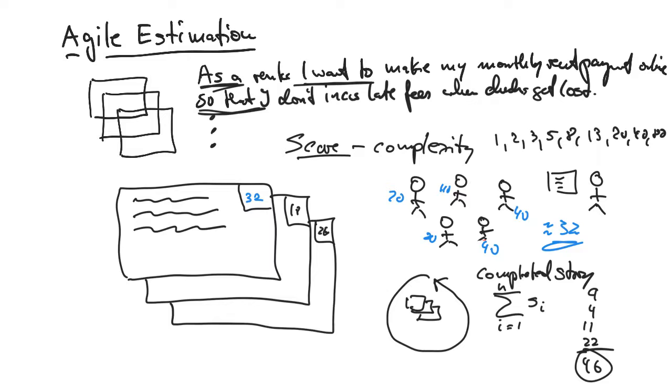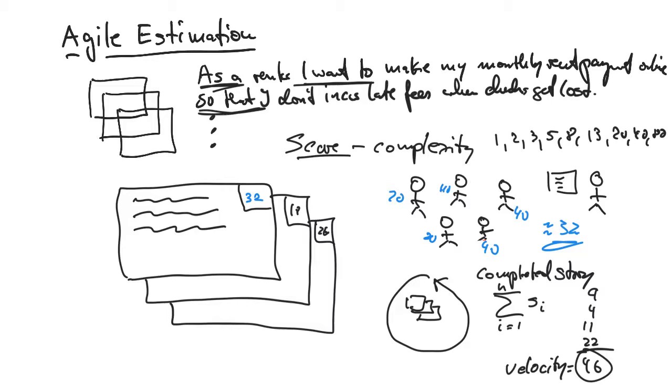We call that the velocity of your sprint. The amount of work you've gotten done in a fixed amount of time, or the amount of distance you traveled through your requirements universe in a fixed amount of time. So your velocity is 46 points. So that gives you some useful insight.